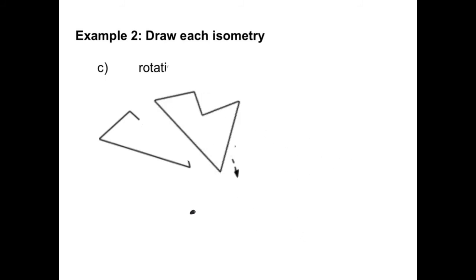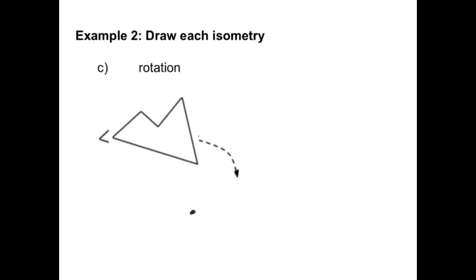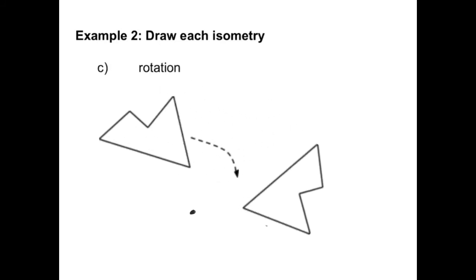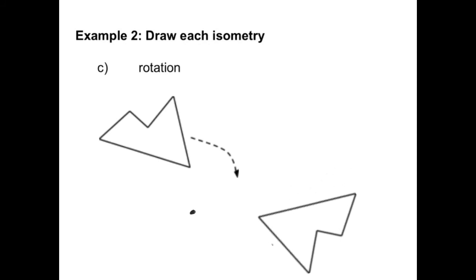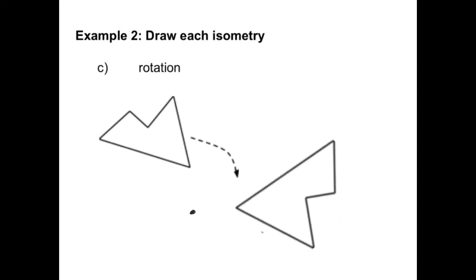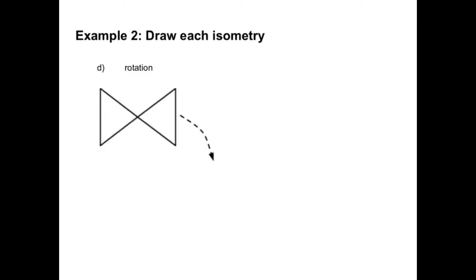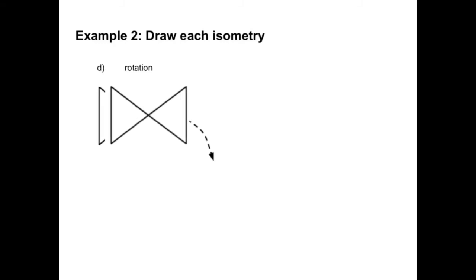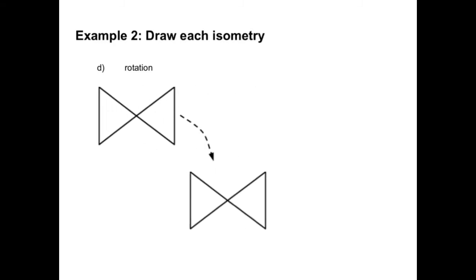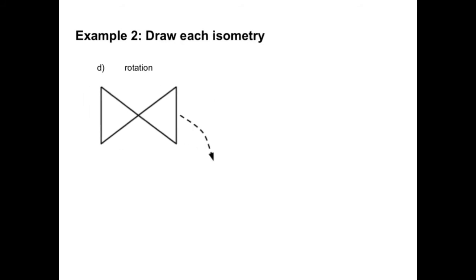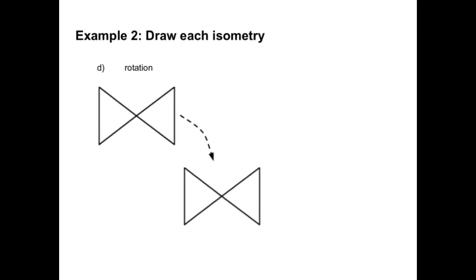So I did not just take this and slide it. I didn't flip it completely upside down because I am just doing a simple rotation here, but even flipping it completely upside down may not necessarily be wrong. Just try to keep it that same size. So there's my rotation. For another rotation, you want to be careful that you're not just sliding it in this direction, because it is identified as a rotation. That arrow does not mean that we're just translating it.